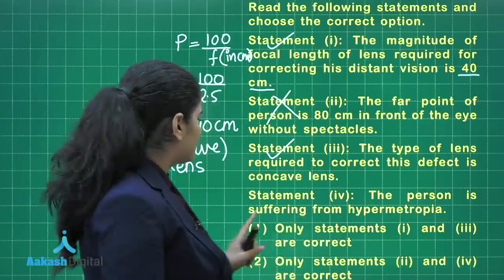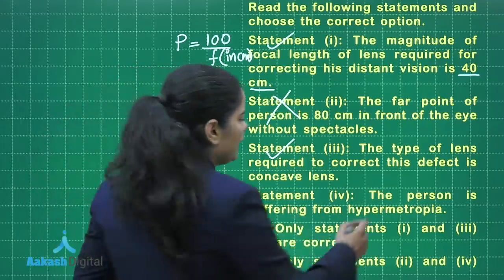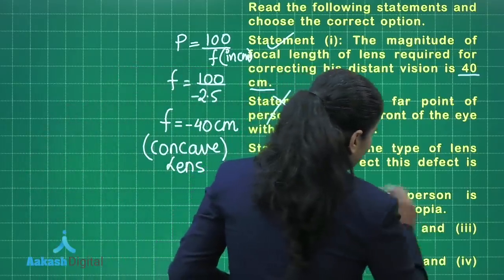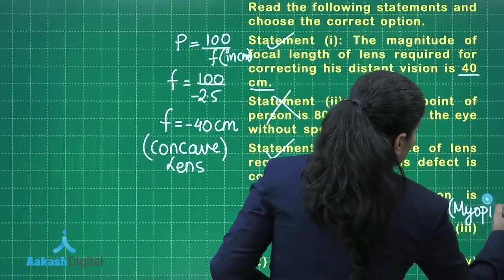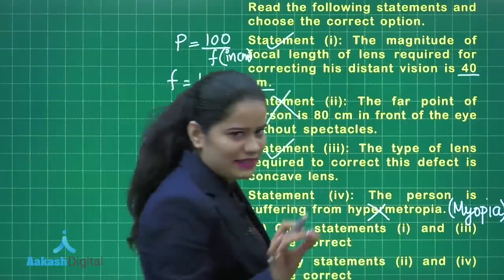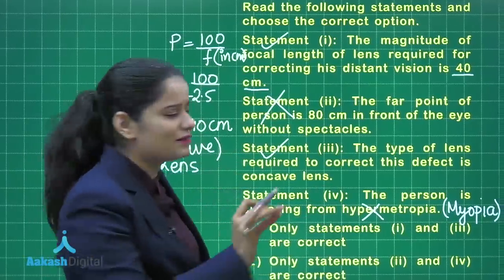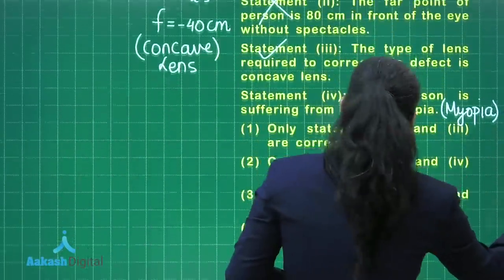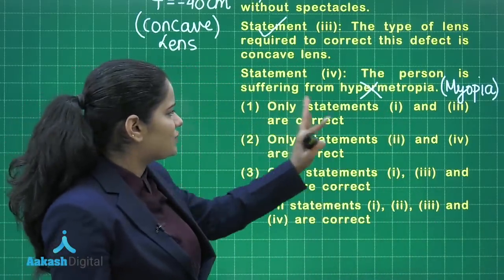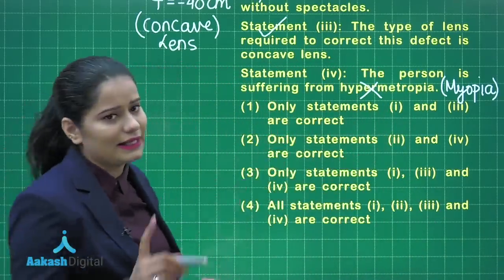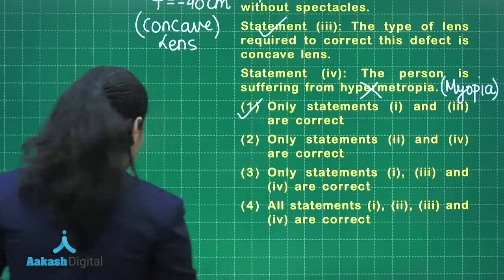Statement 4 says the person is suffering from hypermetropia, which is wrong because the person is suffering from myopia. So out of these four statements only the first and third are correct. If we have a look at the options, option number 1 says only statements 1 and 3 are correct, and hence this is the correct option for this question.